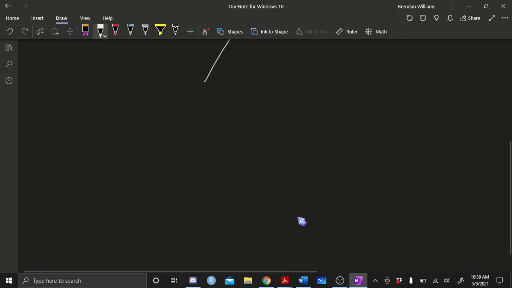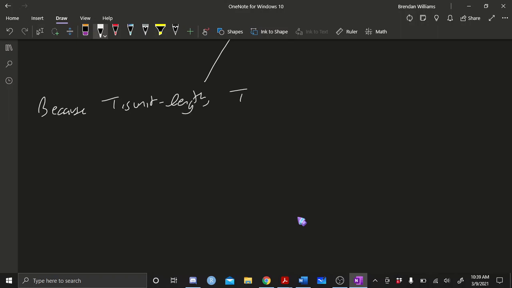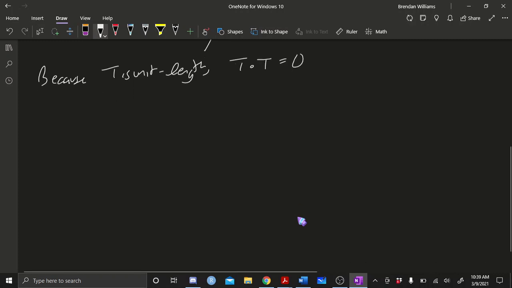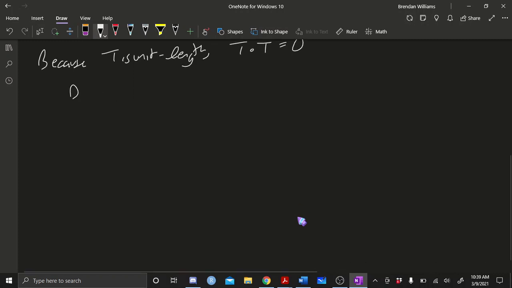Okay, so because T is unit length, we know that T dot T is equal to 1. Differentiation of T dot T gives you the following: 2 times T prime dotted with T is equal to 0.